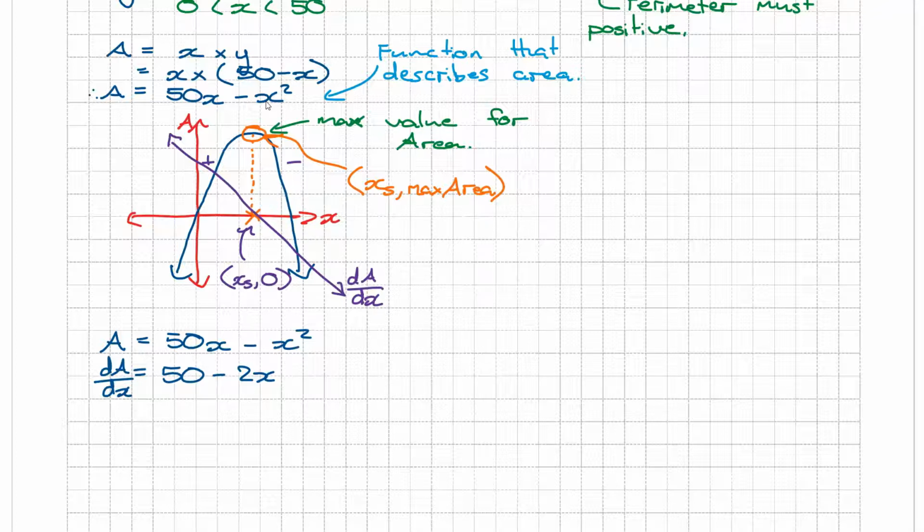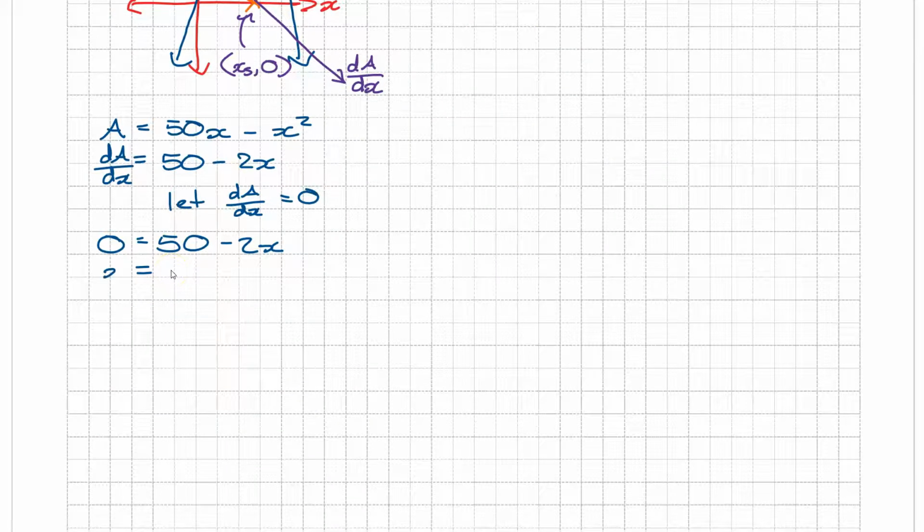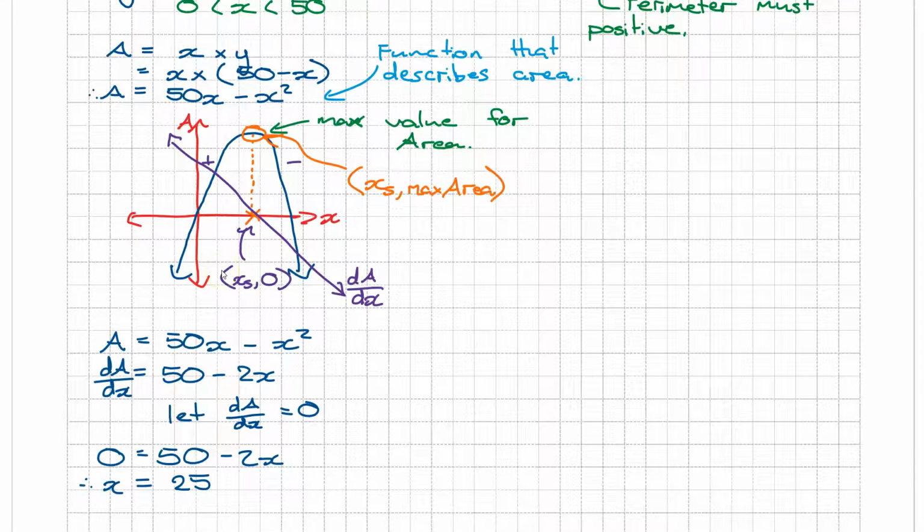So we're going to let dA over dx equal 0. And therefore 0 equals 50 minus 2x, rearranging for x, x simply equals 25.